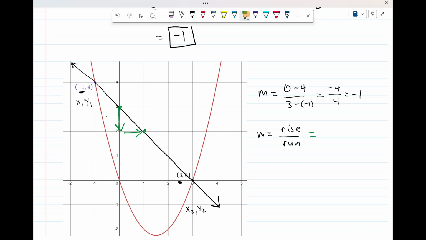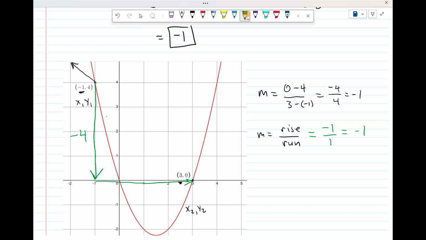So my rise over run would be negative 1 over 1, which is equal to negative 1. Or if you wanted to go from the original points, I go down 4 and I go over 4. Just a slightly different way of thinking about the same concept.